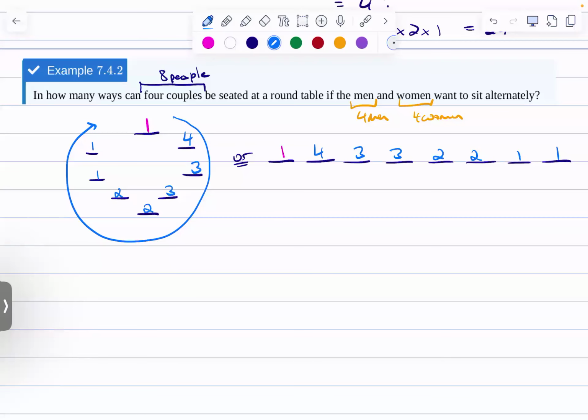It has been long. We saw the 8 people, and then we didn't think to split up the men and women and do 4 and 4. Even though technically it's just couples, if my brain hypothetically wasn't working and I did one at the top, and then 7, 6, 5, 4, 3, 1, I can see that, but because it says the men and women want to sit alternately, we have to take that into account.